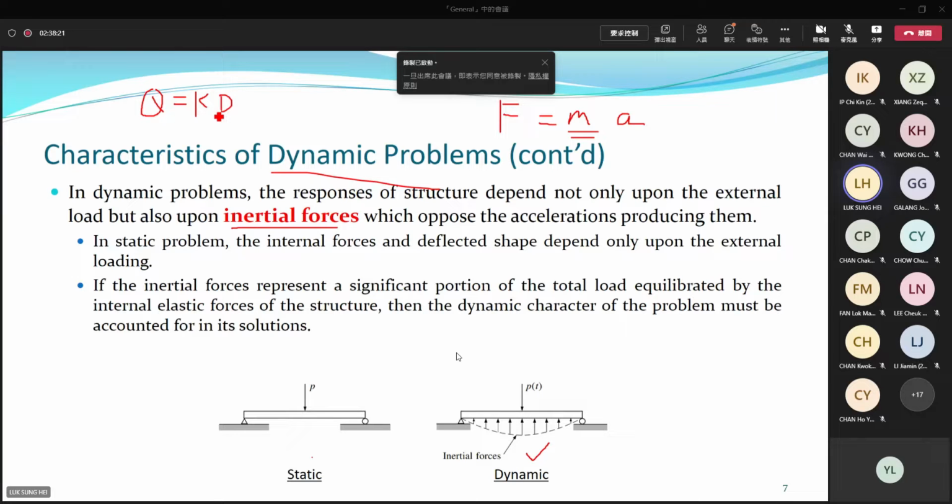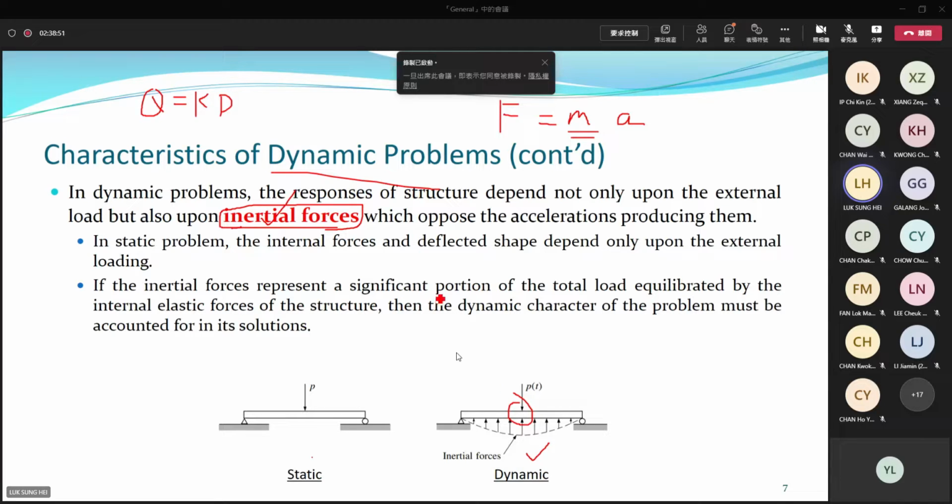This is the other thing you have to pay great attention to. Mass, we call it inertia or inertial force. Mass times acceleration gives you something like a force. Then what is inertia? Inertial force you may call something like a resistance. When an object starts to move due to loading, there is some resistance that prevents the object from moving.